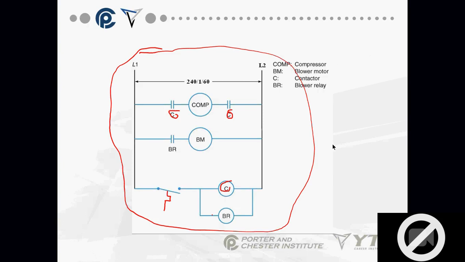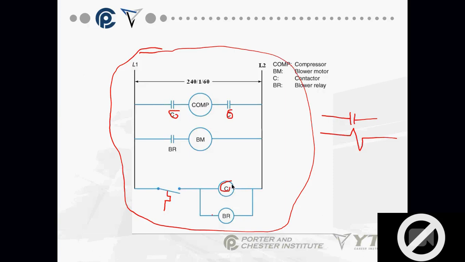At the risk of getting too far ahead of myself, because we're going to be talking about relays and contactors. When you have two loads next to each other, they're parallel. They're both getting the full source voltage. But a relay has a coil and a set of contacts.